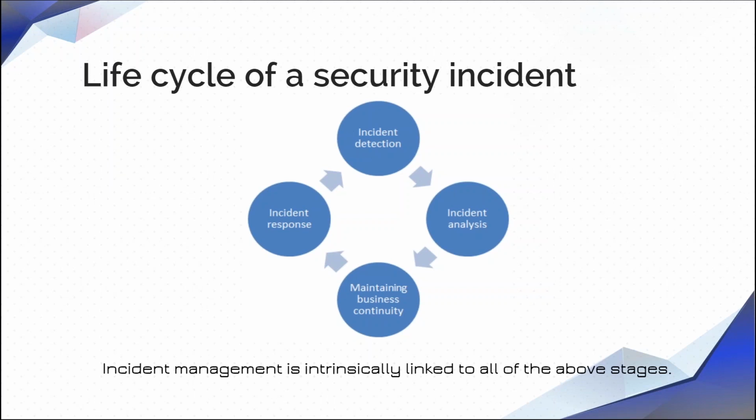So after that, you have incident analysis. Now, like I said some time back, an incident is something that could be harmful to your network, right? So incident analysis is that stage where you identify whether it is or whether it isn't an actual threat to your network.